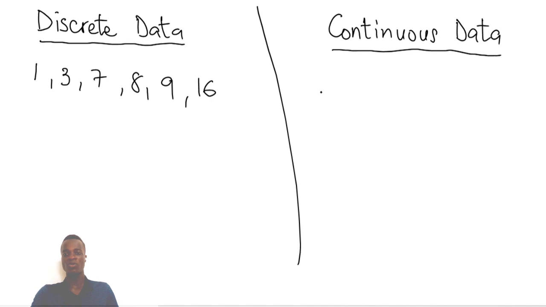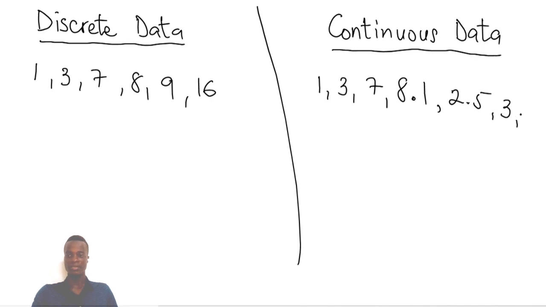For continuous data, maybe 1, 3, 7, and at least one of them is 8.1, 2.5, 3, 3. Three is here again, but we can still repeat it. And then we have 17.5, or I can have half.